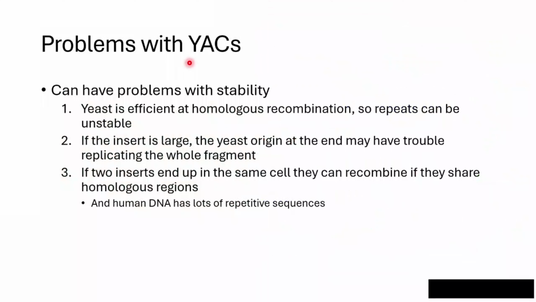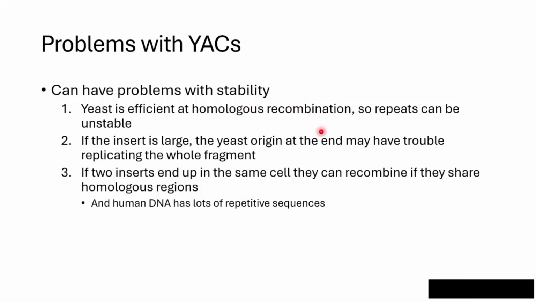The problem with the YAC, the yeast artificial chromosome, is that there are issues with stability. As I said, the human genome has a lot of duplicate DNA, triplicate. It has a lot of repeats, the microsatellites and minisatellites I talked about.